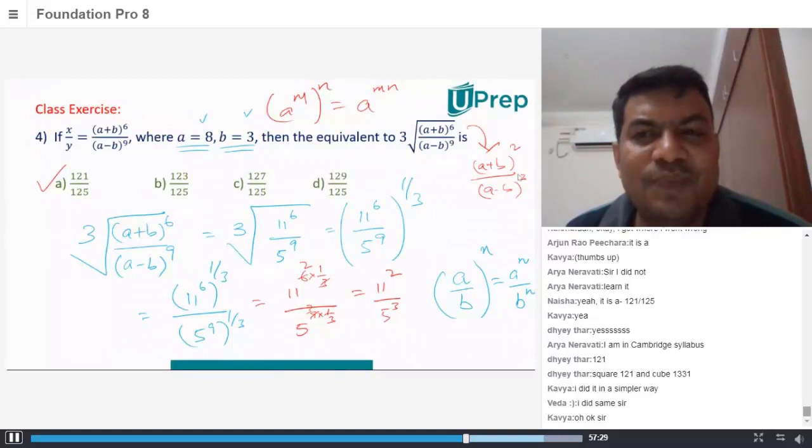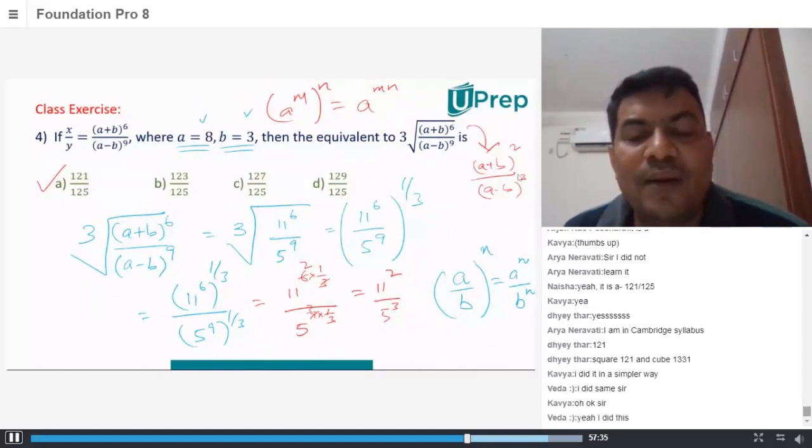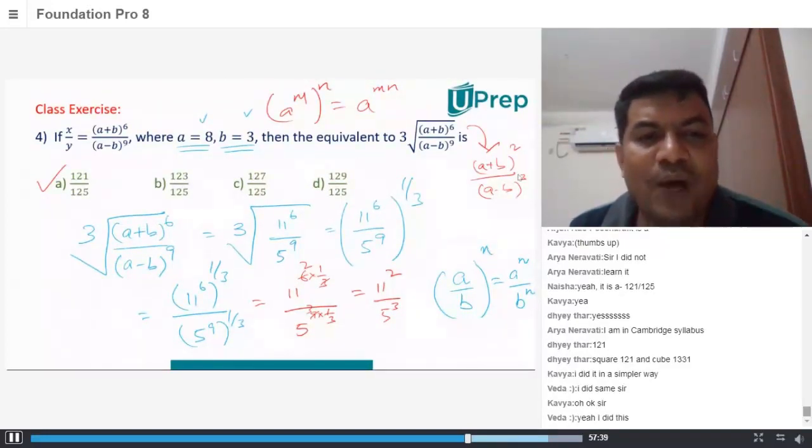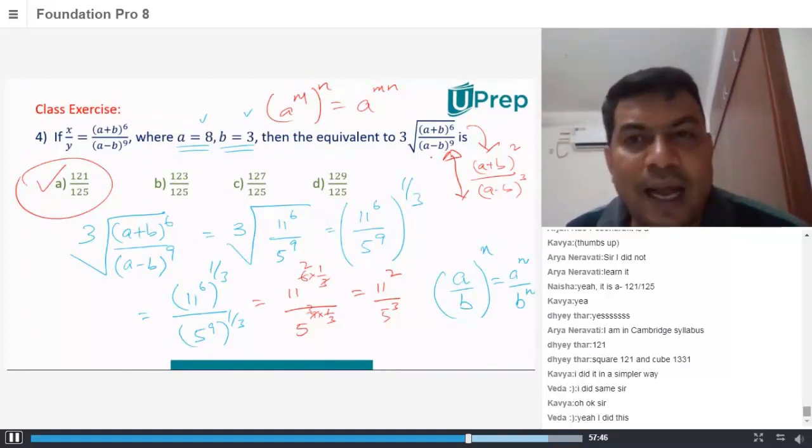That's it. Your a plus b is 8 plus 3, which is 11. 11 square is 121 upon your 5 cube, which is 125. In one step, you can answer this question. This is a single step approach. But I am not here to just give you shortcuts. I need you to learn how to solve it, so you are also learning.